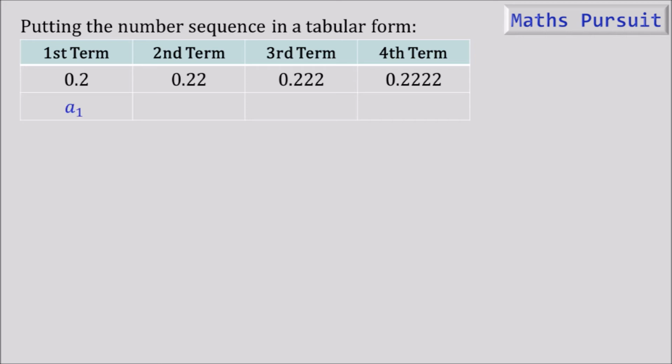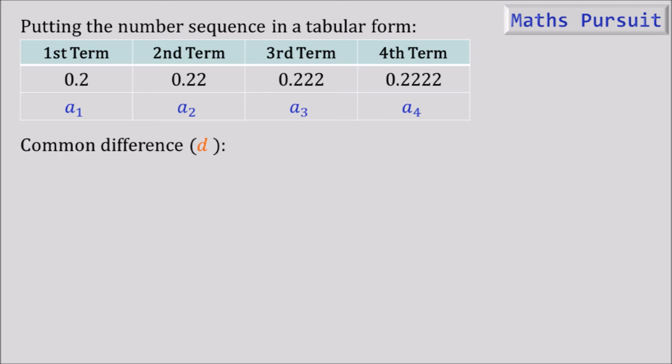Now naming A1 the first term, A2 the second term, A3 the third term, A4 the fourth term. So guys, we are naming A1, A2, A3, A4 to make our calculations easy, and to understand what we are doing among the terms.